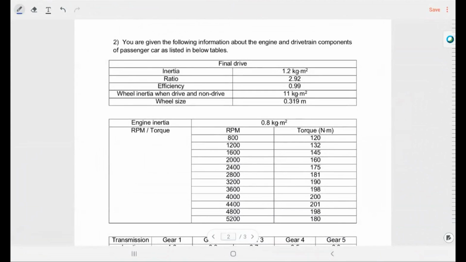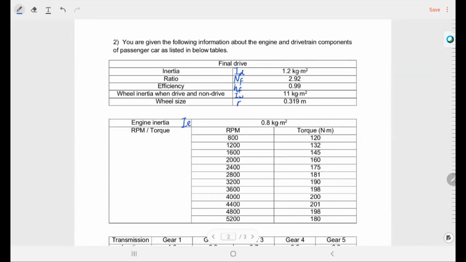Final drive inertia ID, final drive ratio, and efficiency. Wheel inertia IW, wheel size R. Engine inertia IE.